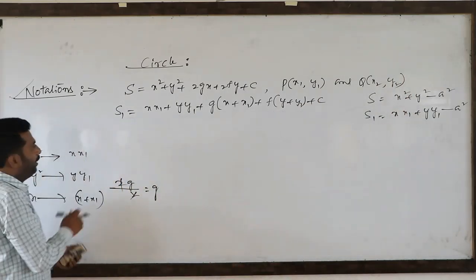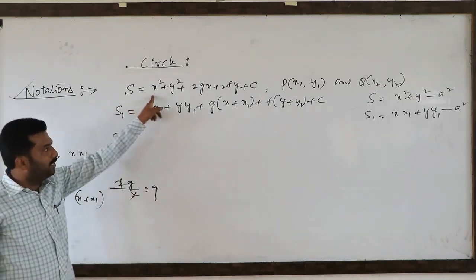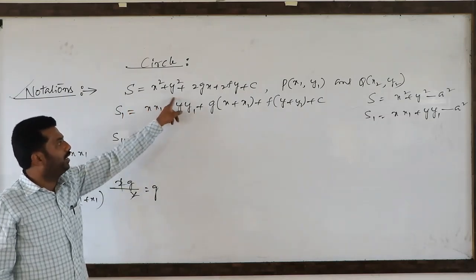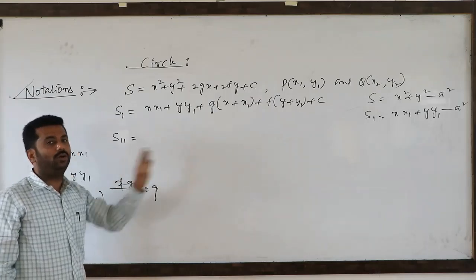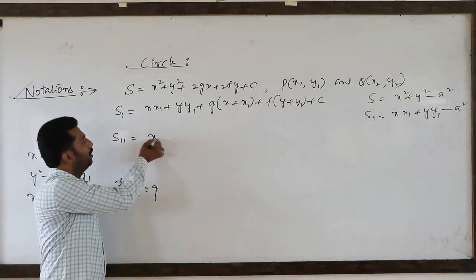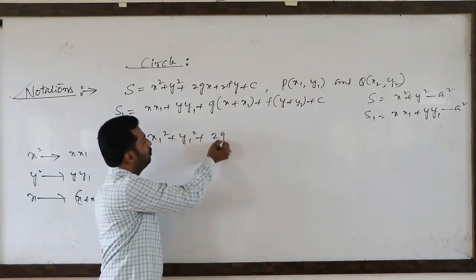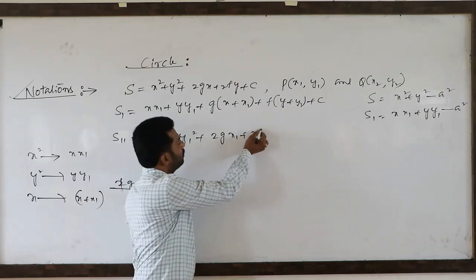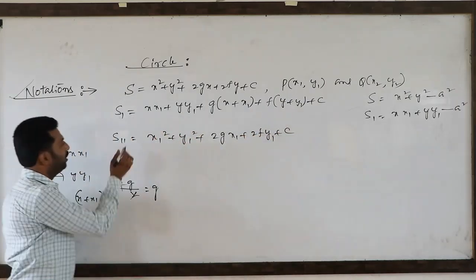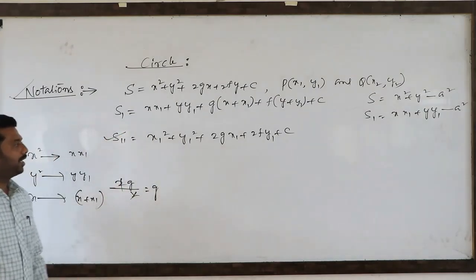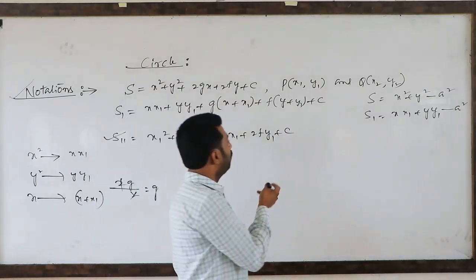Next, S11. S11 means wherever x is there, x1, and wherever y is there, y1. We substitute x1, y1, that is x1 square plus y1 square plus 2g x1 plus 2f y1 plus c.